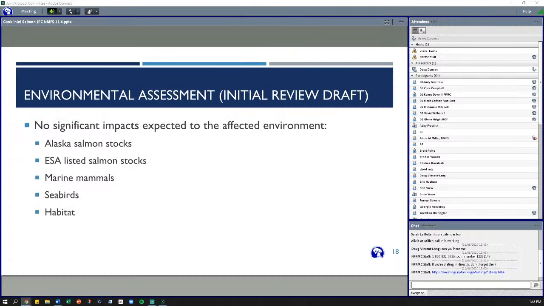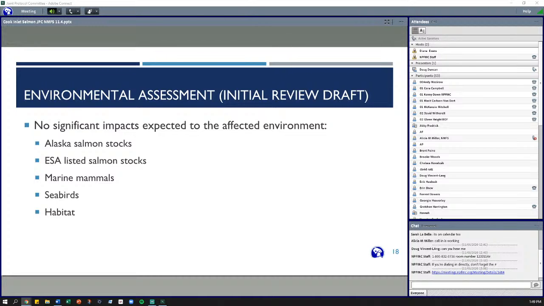So the next part of the analysis that I'll briefly summarize is the environmental assessment that determines if there's significant impacts expected to the affected environment. I've listed the environmental components that we evaluated: Alaska salmon stocks, ESA listed salmon stocks, of course there are none in Alaska, but they do enter Alaskan waters, marine mammals, seabirds, and habitat.